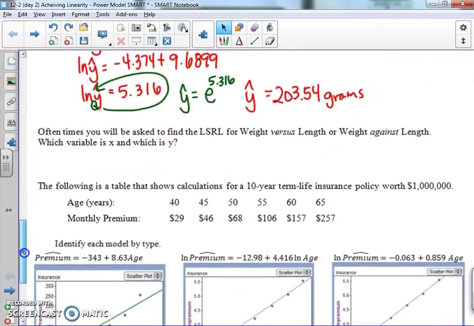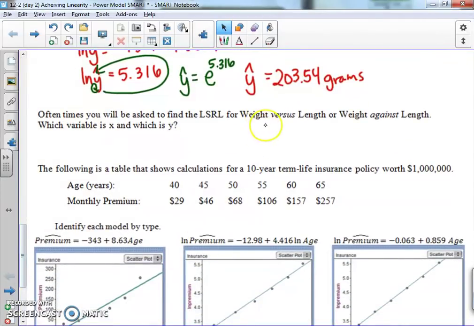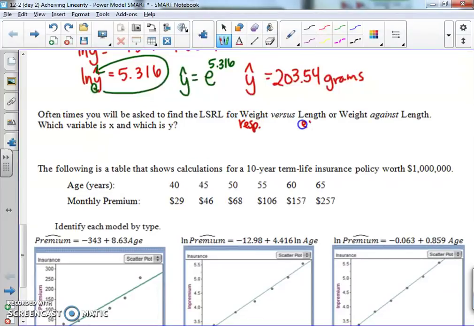Oftentimes, you will be asked to find the least squares regression line for weight versus length or weight against length. I just want you to be familiar with this wording. The way they word it is they usually list the response variable first. This is usually the response. This is usually the explanatory. Okay, again, response, explanatory.